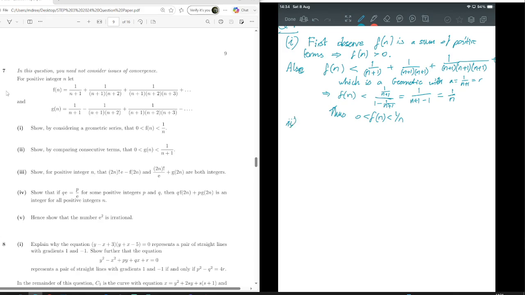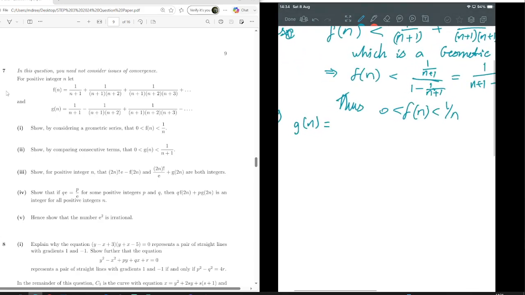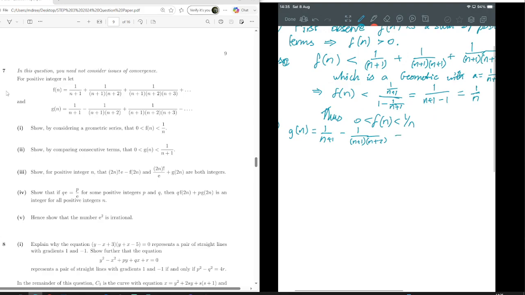So comparing consecutive terms, I'm going to say that Gn, which at the moment is 1 over n plus 1 minus the next term plus the next term, and I do want to write one more even though these terms are becoming incredibly long, because if I'm comparing consecutive terms I want to have at least 2 pairs of 2 to worry about.